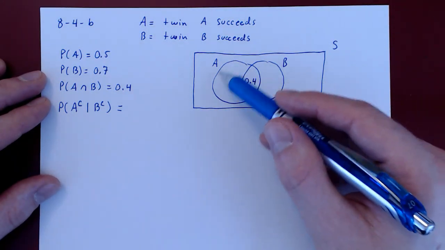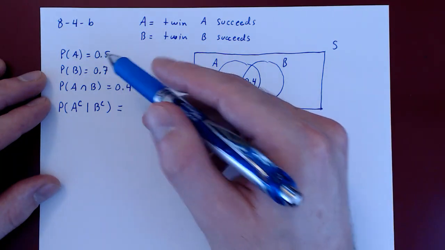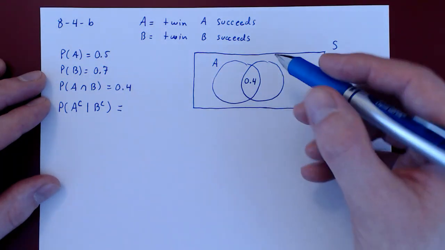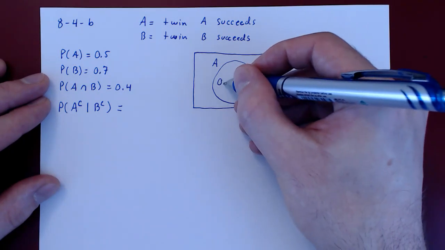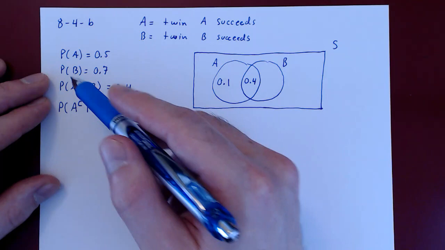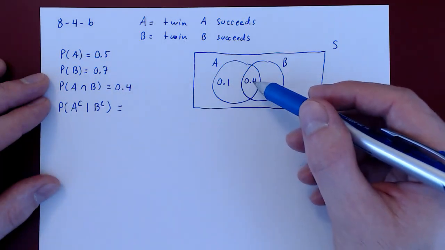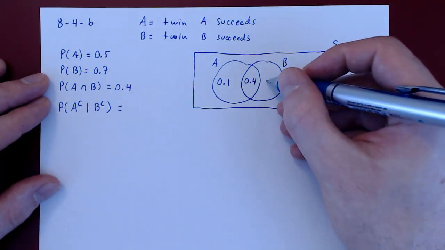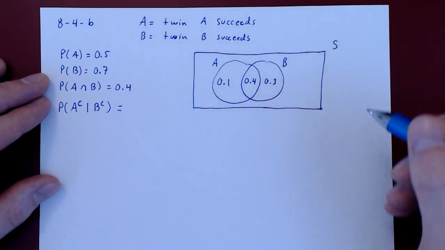So we know this. And from this point we can complete the Venn diagram. If the total probability for A is 0.5, well, if we have 0.4 here, we're missing 0.1 here. And the same goes for B. Total probability for B is 0.7. We already have 0.4 here, so we're missing 0.3 here.